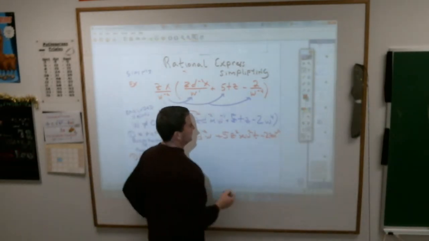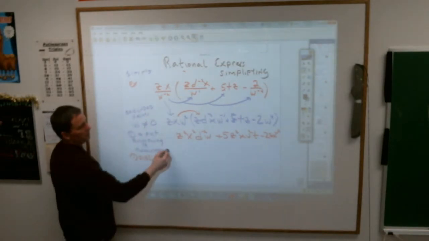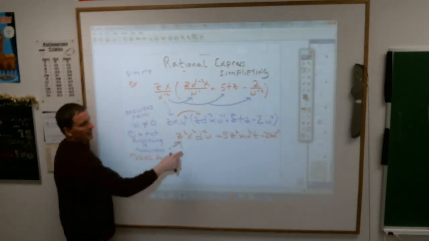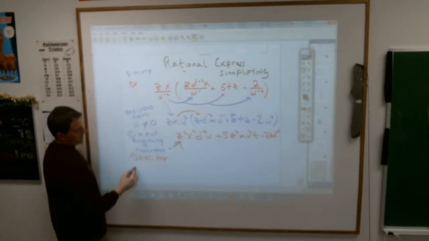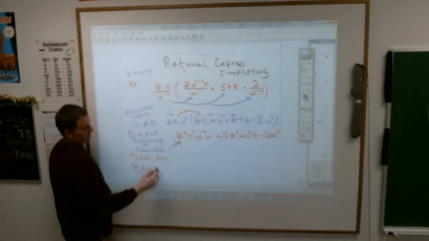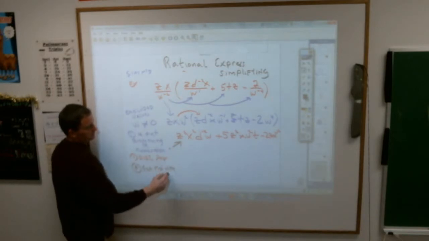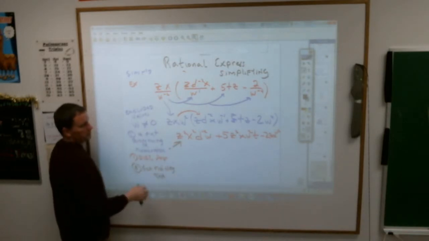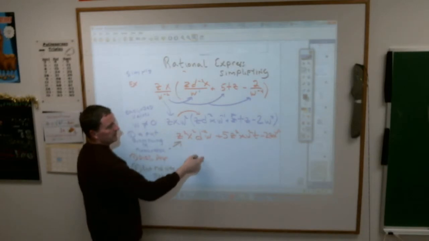And then the last step is, the only thing that's wrong with this is you can't have negative exponents in your answers. So step 3, you have to get rid of the negative exponents. Which just means I need to move this d to the bottom.